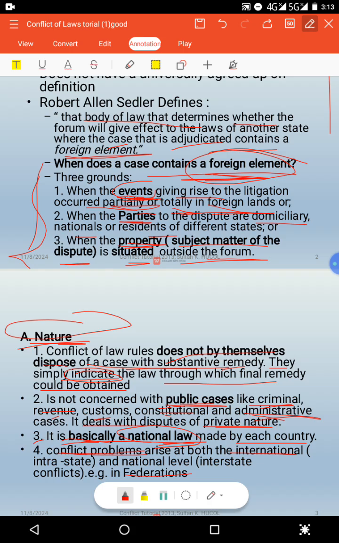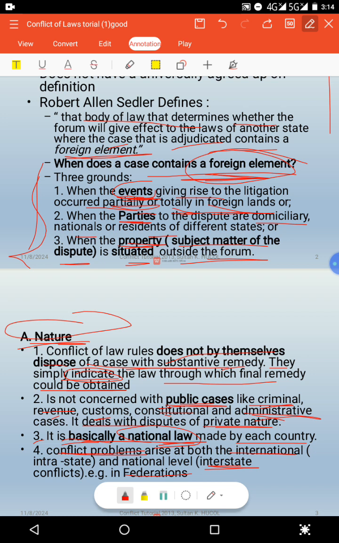If it arises in the same country, especially for federation countries, for example the Russian Federation, it is called intrastate conflict. But if it occurs in different countries, two or more, it is called interstate. So this is the main point: interstate and intrastate.